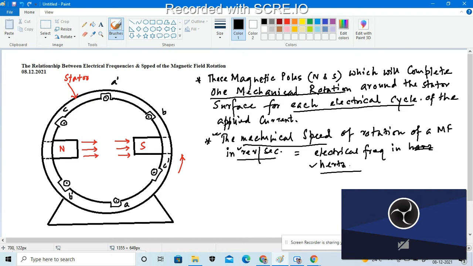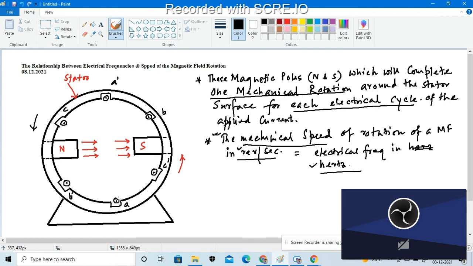Because these two magnetic poles, that means the north pole and the south pole, will complete one mechanical rotation when it starts from this particular coil and again comes to this coil.